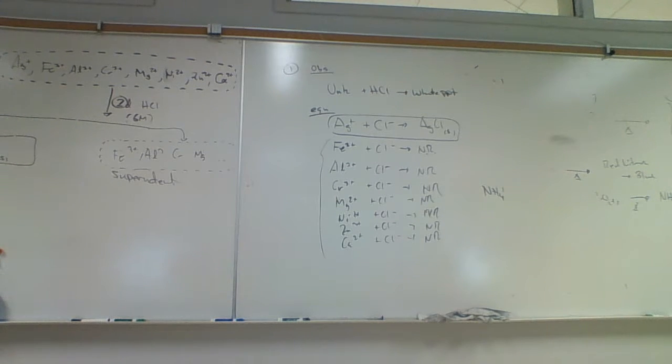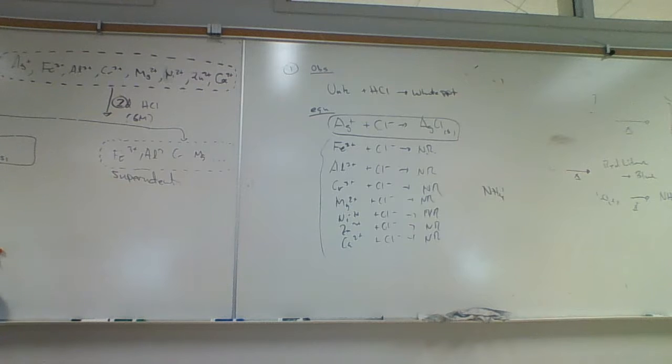All right, now what we should do is we should stop here and say, well, this is enough, but we don't know, because white precipitate, if we had any lead in here or if we had any mercury 1 in here, then this precipitate need not be silver. This precipitate could be white lead 2 chloride, or this precipitate could also be white mercury 1 chloride.